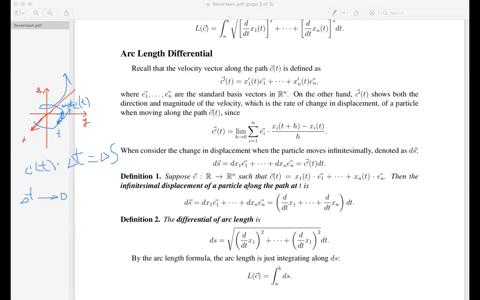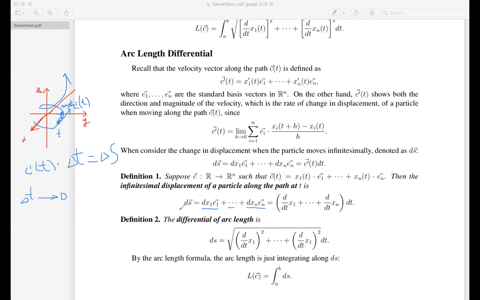So basically, it tells you how much the particle moves when the time is infinitesimally small. So we denote it as ds, right? The vector ds, by taking the derivative of x1, x2, all the way to xn, because this is the displacement in the first coordinate, displacement in the second coordinate, all the way to the displacement of the nth coordinate.